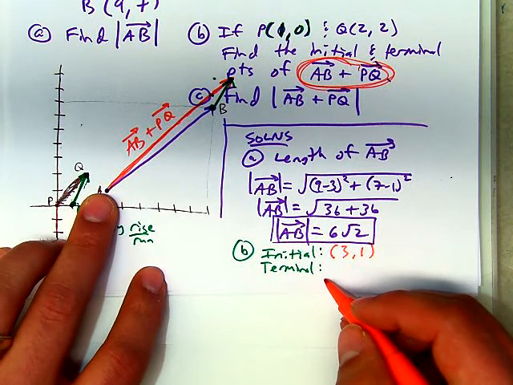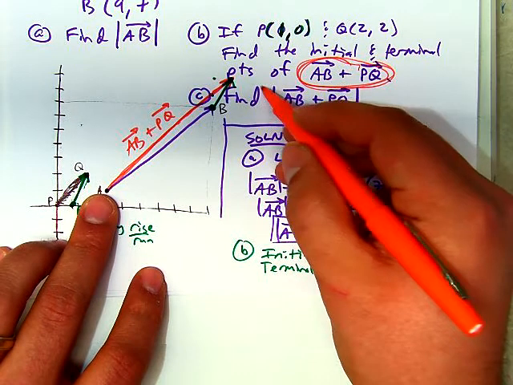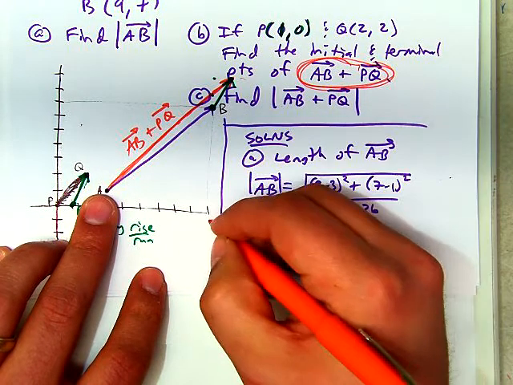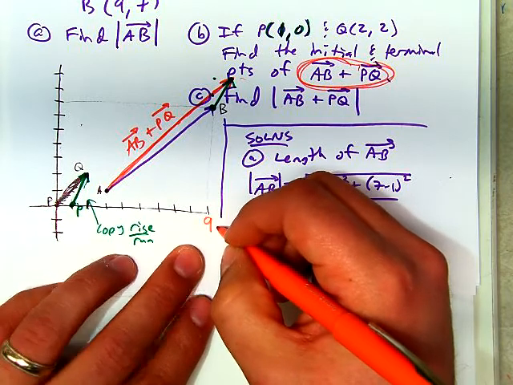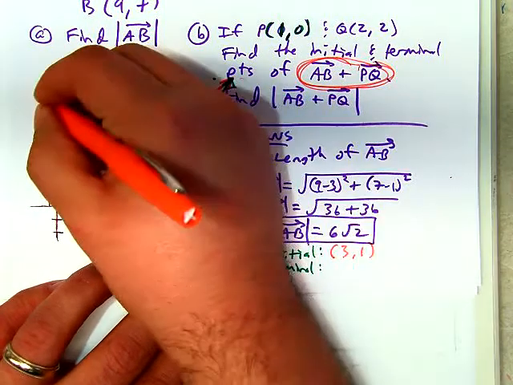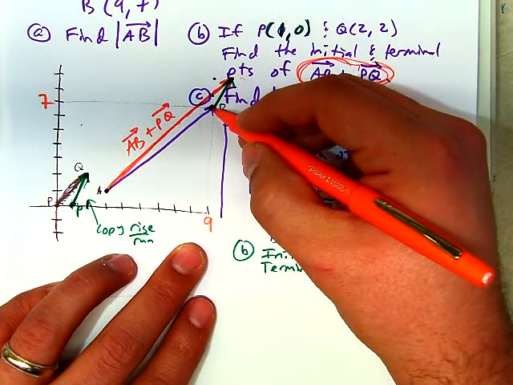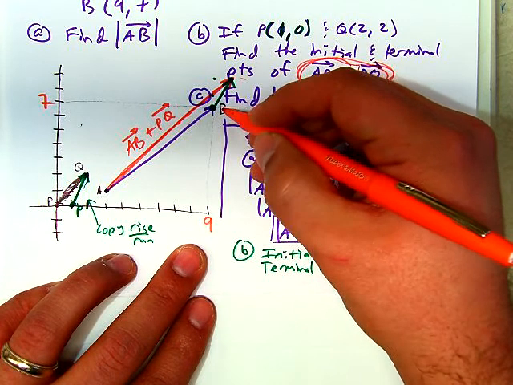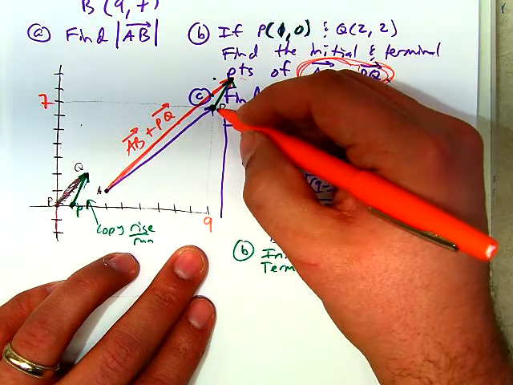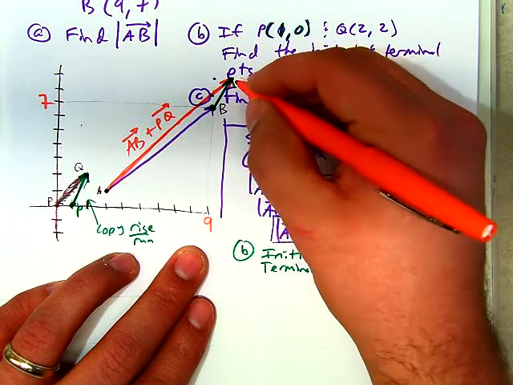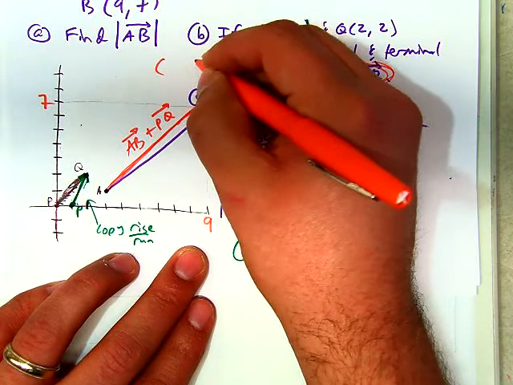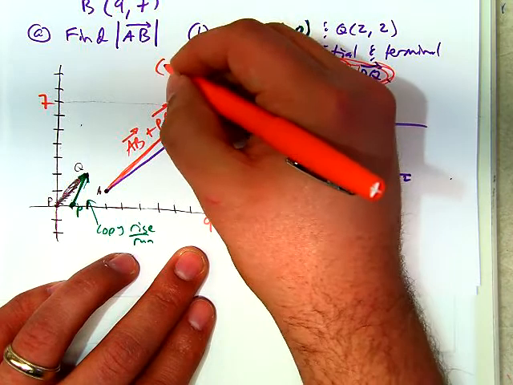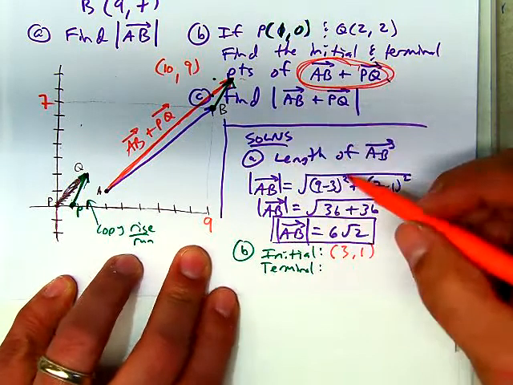And now the terminal point is going to be a little different. So if I look at the terminal point, I have to figure out where this point ended up. The easiest way to do that, I know I don't have graph paper, so it's a little trickier, but this was 9 and 7 originally. And then I went up 2 units and over 1. So that means that instead of being at 9 and 7, my y increased by 2, so that's going to be 9, and my x increased by 1, so that's 10.